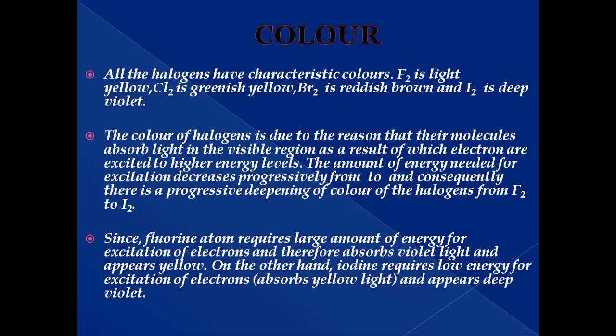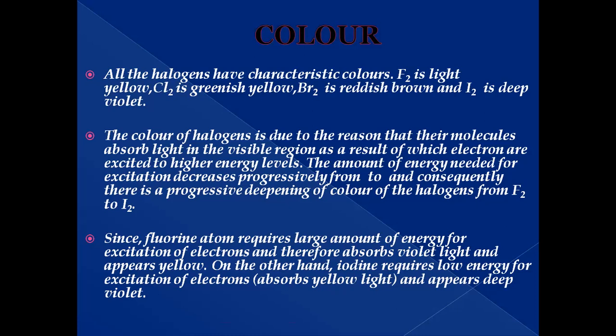So that is how we can understand why the halogen molecules are colored. It is because of the excitation of electrons to higher energy levels because of the absorption of light in the visible region, and depending upon the electronegativity, they have different colors.